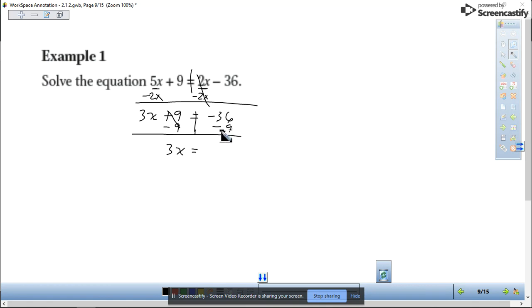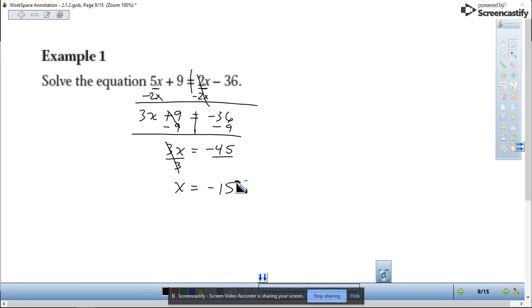All right, so negative 36 minus 9 is going to be negative 45. And then the last thing that I need to do is divide by 3, right? Because that's multiplication, that's 3 times x. And to undo multiplication, we would need to do division. Okay? So what you're left with is x equals negative 15.